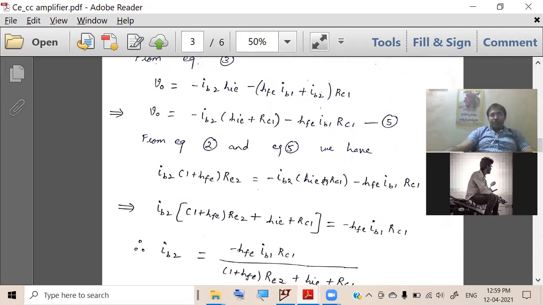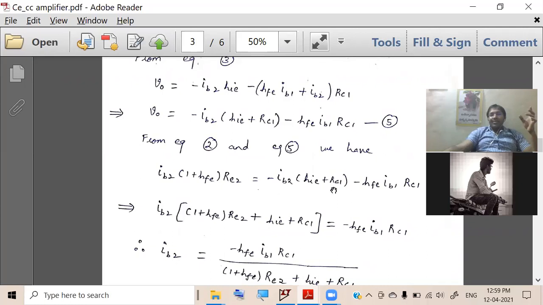Here IB2 term, here IB2 term, IB1 term. Means I can rearrange this equation and I can get the IB2, IB1 relation. That is what I am doing here. Two IB2 terms I will bring on one side, means this RHS term I will bring to LHS.